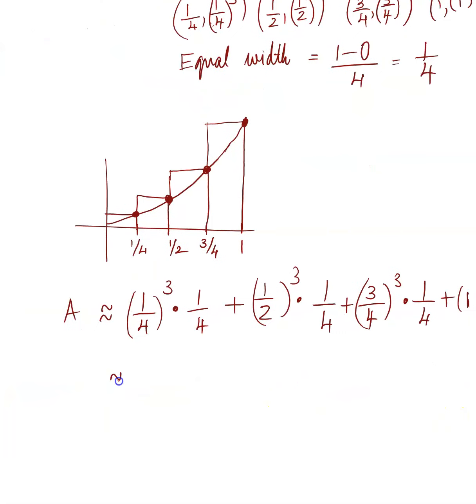Take a little bit of time to compute this. Pause the video, and then you'll see that it comes out to be 100 over 256, and reduce that, and that will give you 25 over 64.